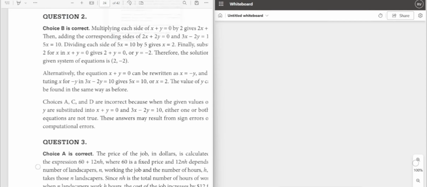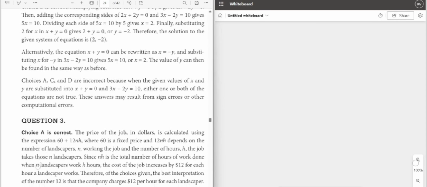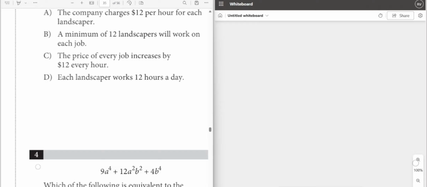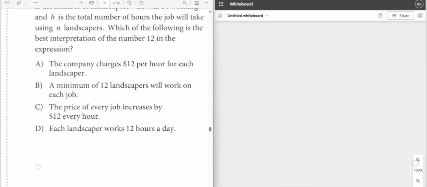They say that since NH is the total number of hours of work done when N landscapers work each hour, the cost of the job increases by $12 for each hour a landscaper works. Therefore, the best interpretation of the number 12 is that the company charges $12 per hour for each landscaper. Not too hard. Let's go to number 4 after getting A.